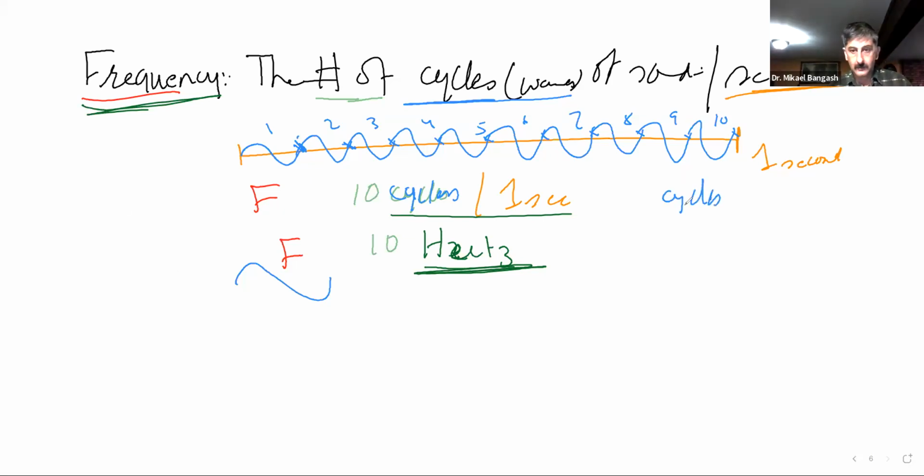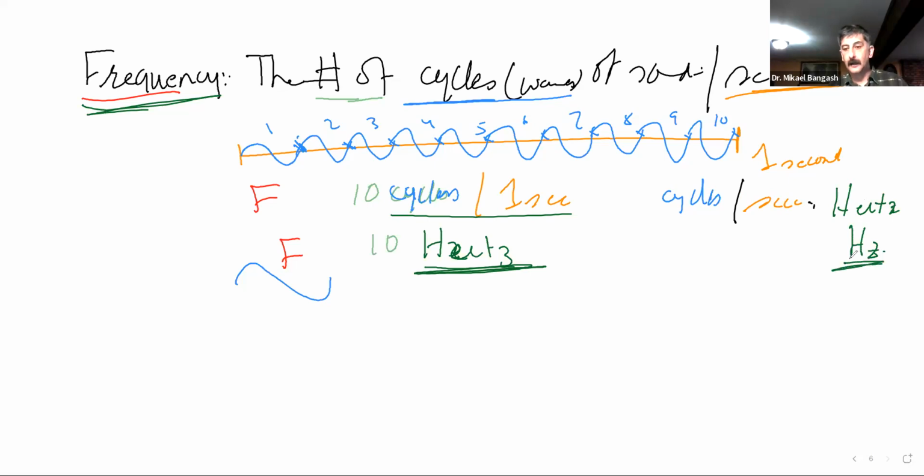Okay. So this cycles per second is going to equal what we will call hertz. Okay. And please, guys, the symbol for hertz is Hz.